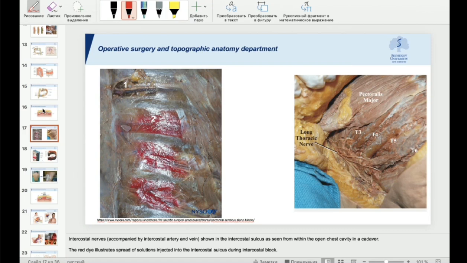If we are going to make the proper injection to block the damaged nerve, which technique should we use? And how can you understand that you are going in the proper direction?